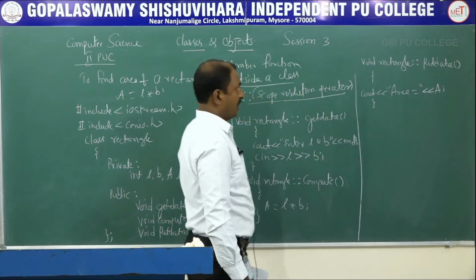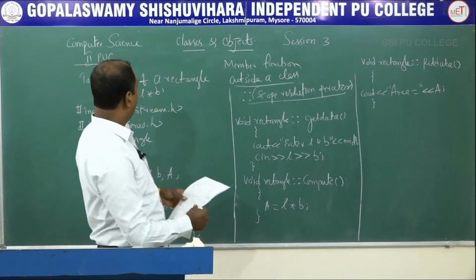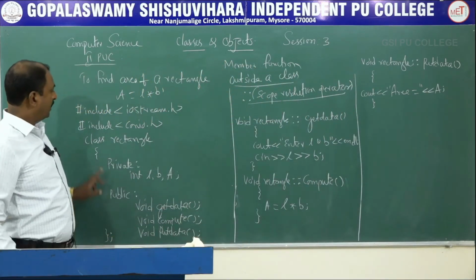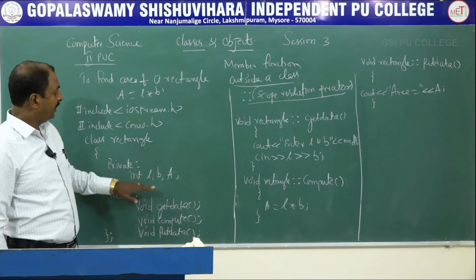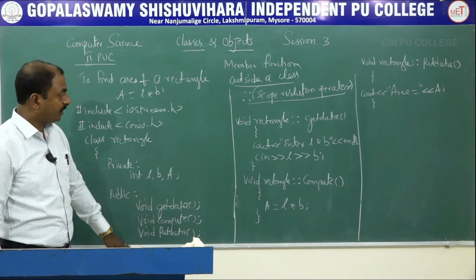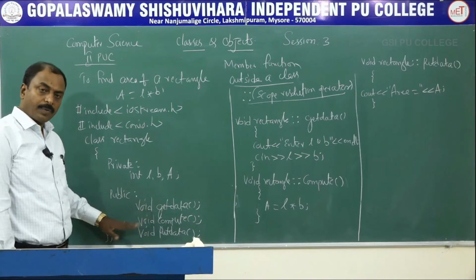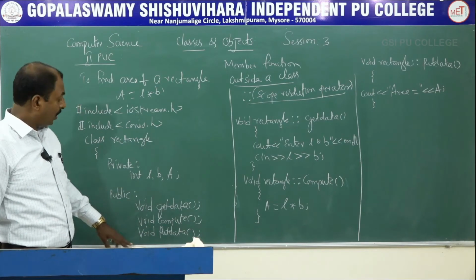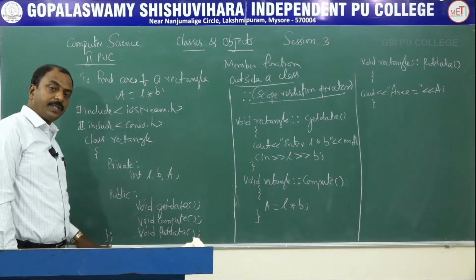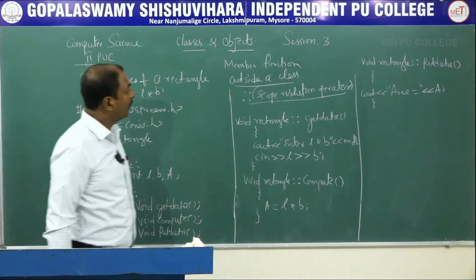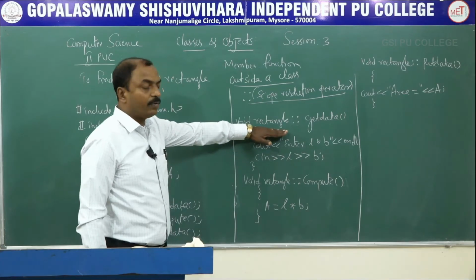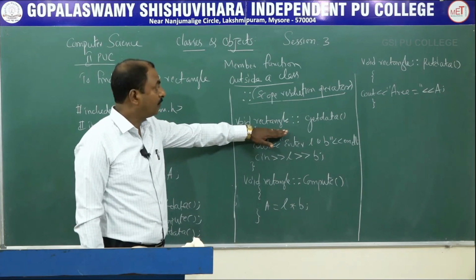So this is what I have written so far. We have defined the rectangle class. Inside it are variables and member functions, and in this example, the member functions are declared under the public access specifier. After the class has been defined, we have to write the function definitions outside the class.